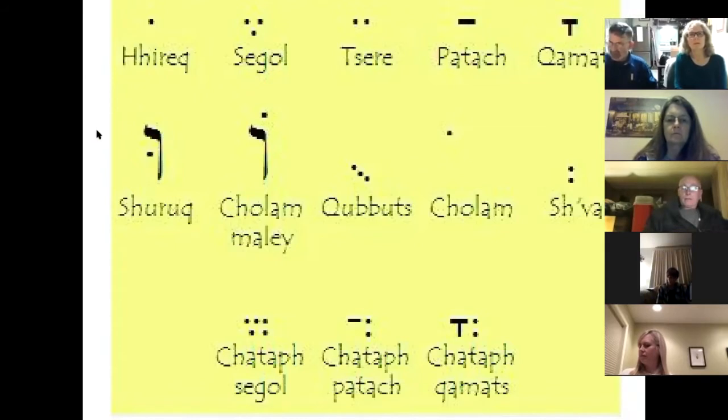Now I'm going to say this to just get all the questions out of the way. You will hear Sephardic Jews and Ashkenazi Jews say totally different words. It doesn't mean it's a different word in meaning. It just means the sounds are different.